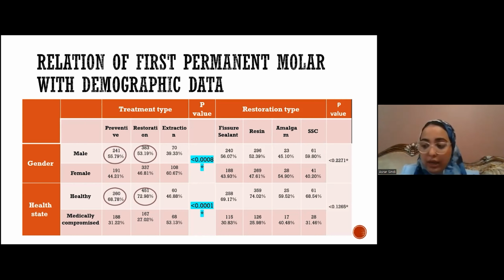Also, we found healthy patients received far more preventive and restorative treatment, at 68 and 72%, than medically compromised patients. But medically compromised patients received more extraction. That's because we go very aggressive with medically compromised patients in the OR.